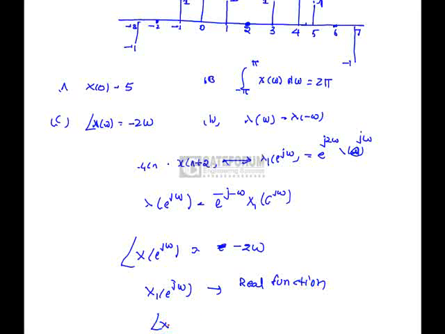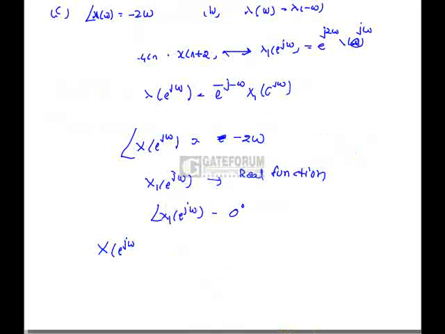That is, the angle of X1 of e power j omega is 0 degrees. Here X of e power j omega is summation of x of n e power minus j omega n. From this, X at omega equal to 0 is equal to the summation of x of n, which is not equal to 5, hence option A is not true.